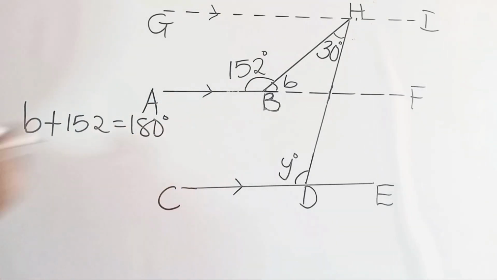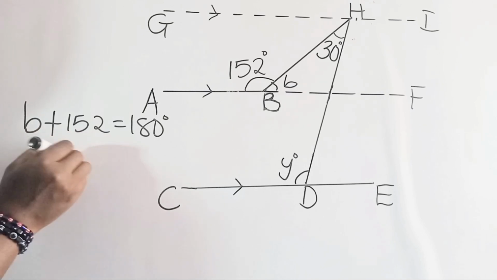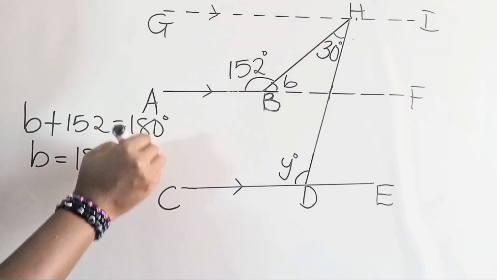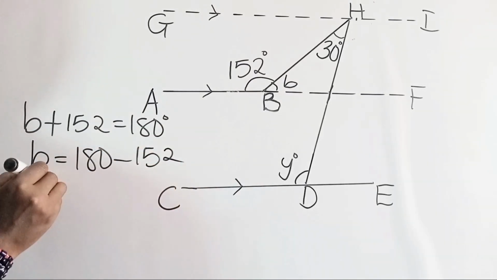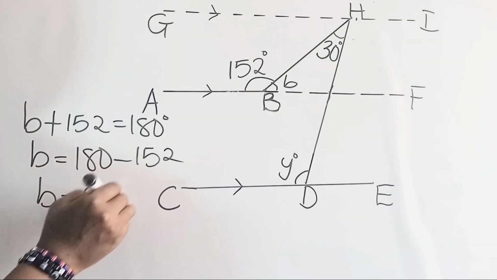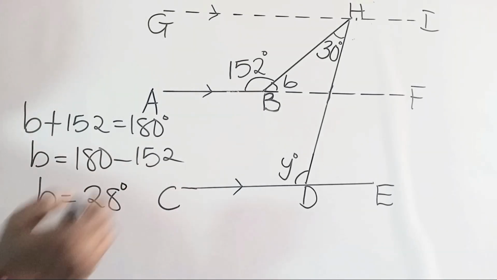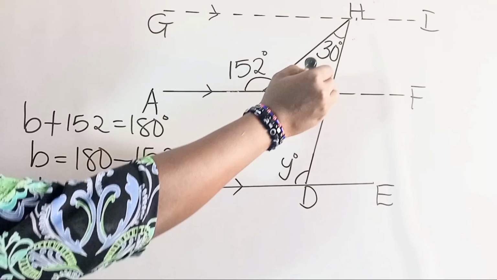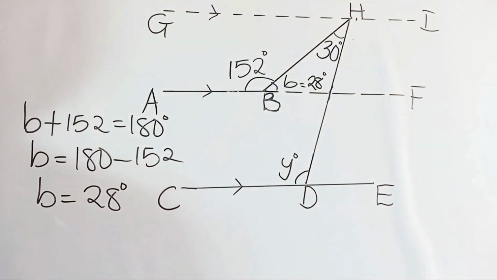That is the sum of angles in a straight line. If I subtract 152 from both sides, I'll have B equals 180 minus 152. So the angle B now equals 28 degrees. So this angle here is now 28 degrees, right?